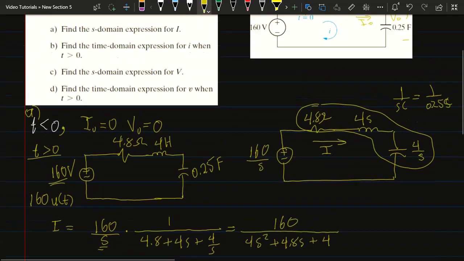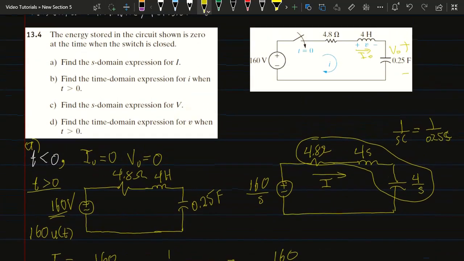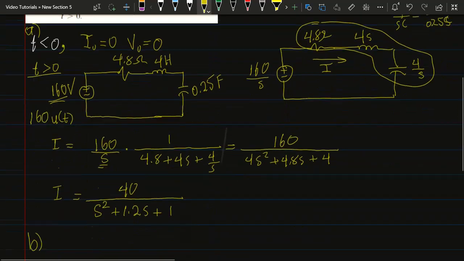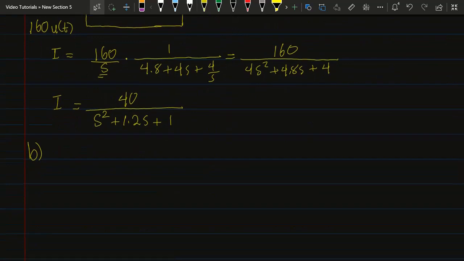For part B, it says find the time domain expression for I when t is more than 0. So what I need to do now is to find the inverse Laplace transform of I of s. And there are many ways to find the inverse Laplace transform, but for this particular case, I think it's easiest to complete the square.